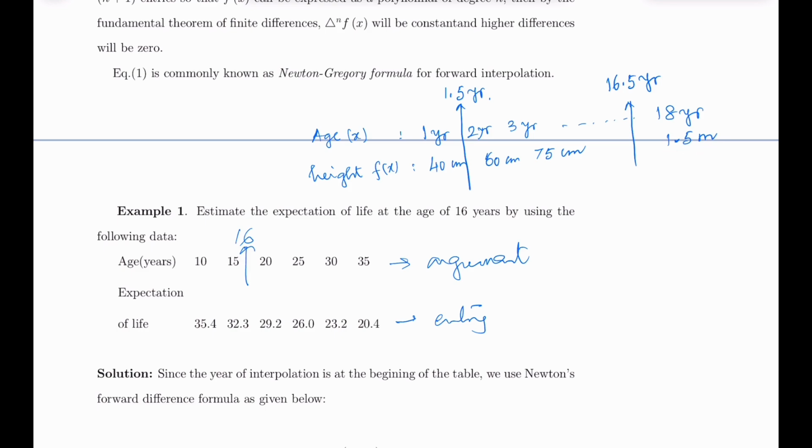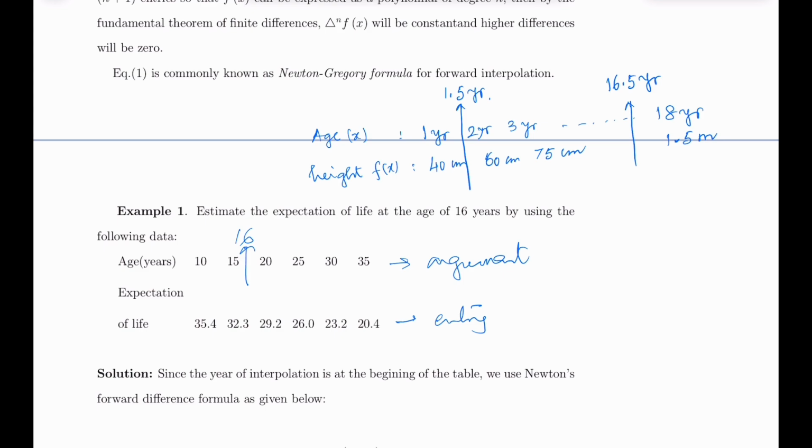If I have to find out the height of a child at the age of 1 year and 6 months, then because the age lies at the beginning of the data given for age, we use Newton's forward difference formula.